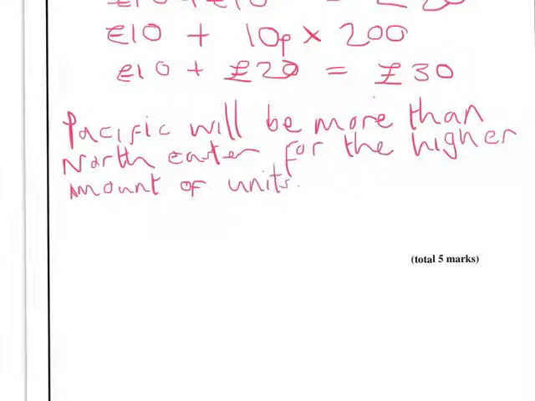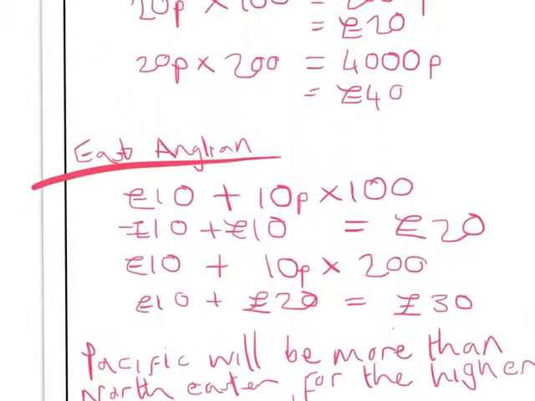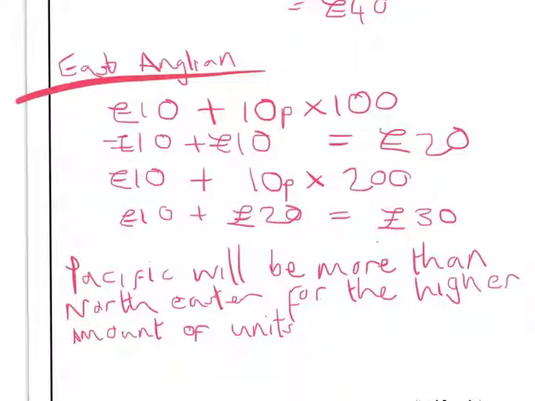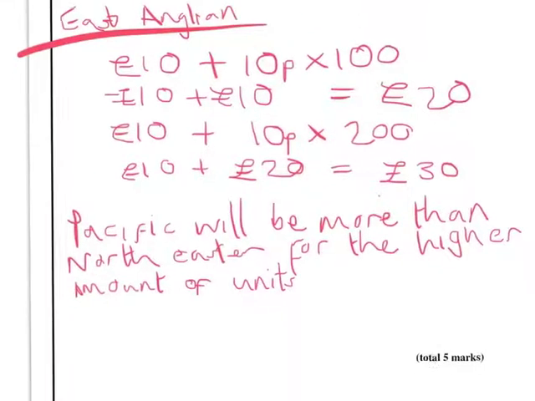Okay. So at this point, the North Eastern company is cheaper. So if we compare the North Eastern, North Eastern are £30 standing, but East Anglian will be less than £30 for anything under 200 units.